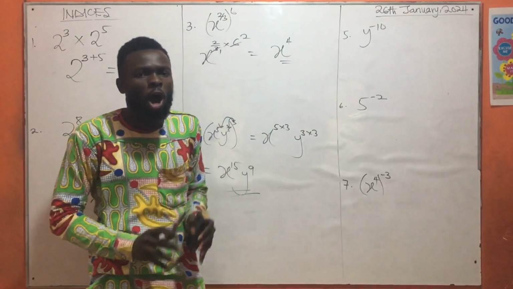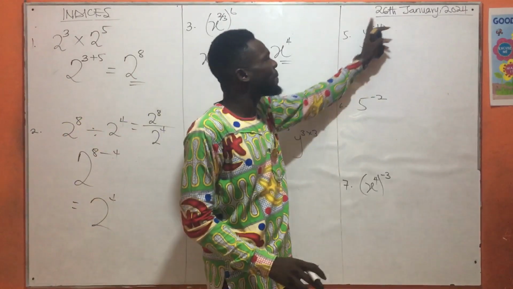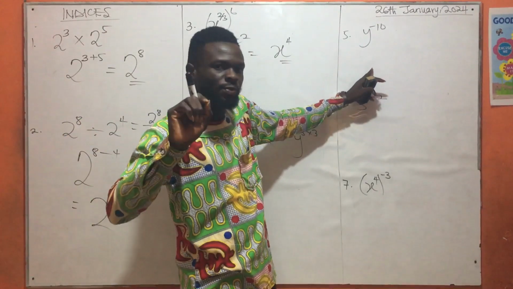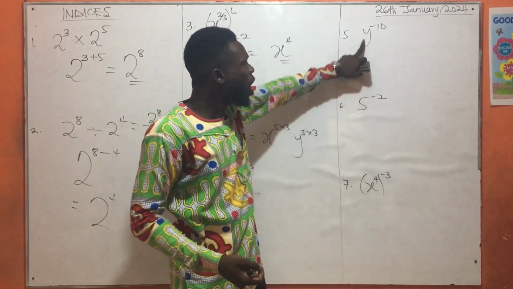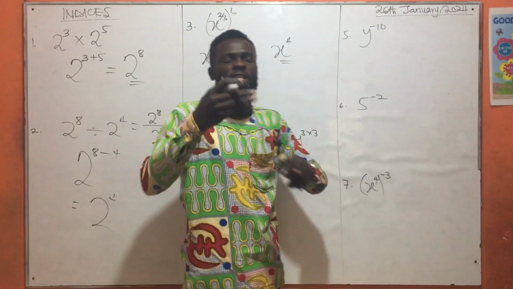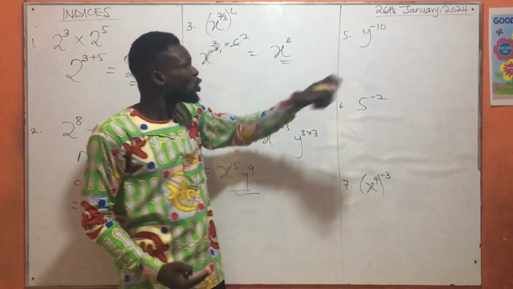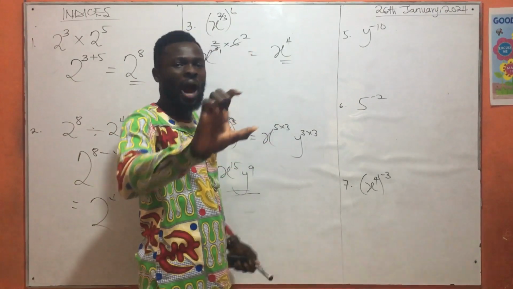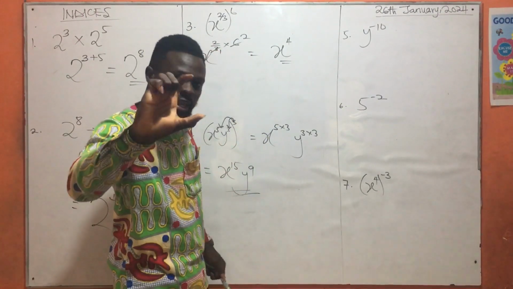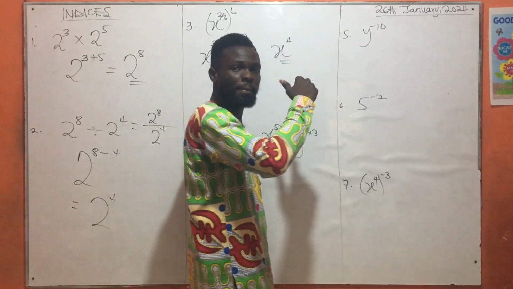So the 5th law makes us understand that if the power is negative, we are going to write the reciprocal of the number. And the reciprocal simply means we are going to write it upside down. So this y, we are going to write it as 1 over y, so that we can get rid of the negative power.